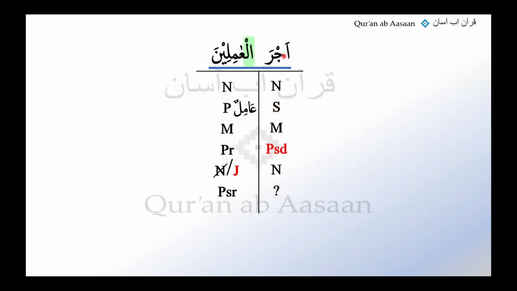Now time to translate it. We say the Arabic ajral amilina. It's okay, we are just going to use the same words. How do we use the same word in the translation if we don't know the English translation? We use it with the S to show the plural. So the ajr of the amils.